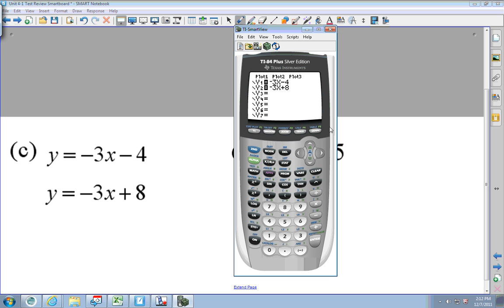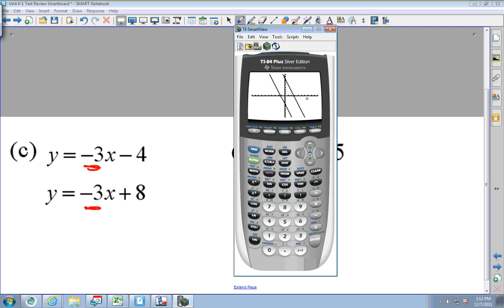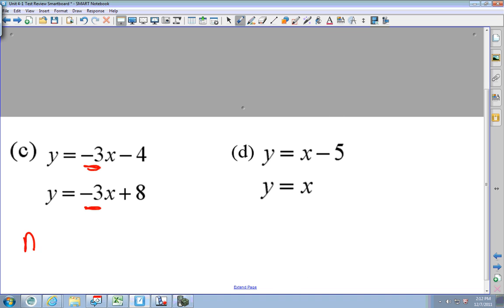Because see, when I press graph, let's look at them. Those two lines are parallel. They have the same slope, they're the same steepness, I should say.